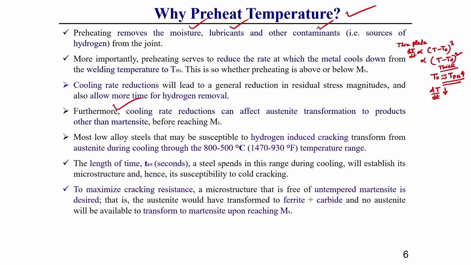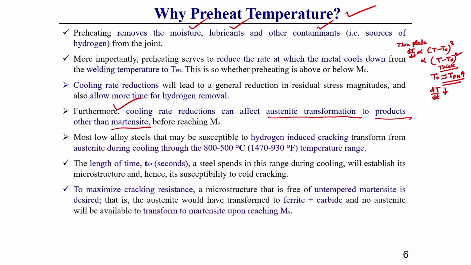furthermore, cooling rate reduction can affect austenite transformation to produce phases other than martensite. That means if the cooling rate increases, then from the TTT diagram you have already seen, there is a chance of formation of martensite.